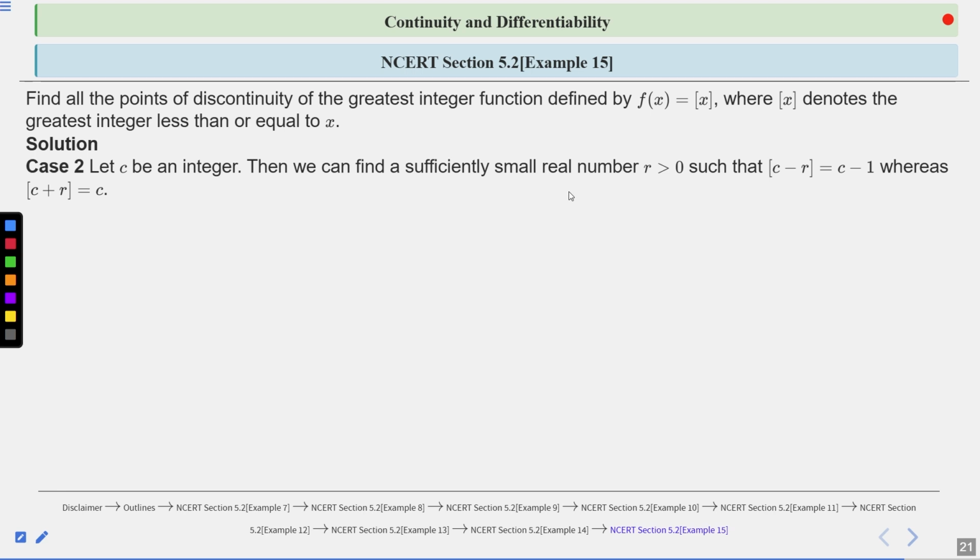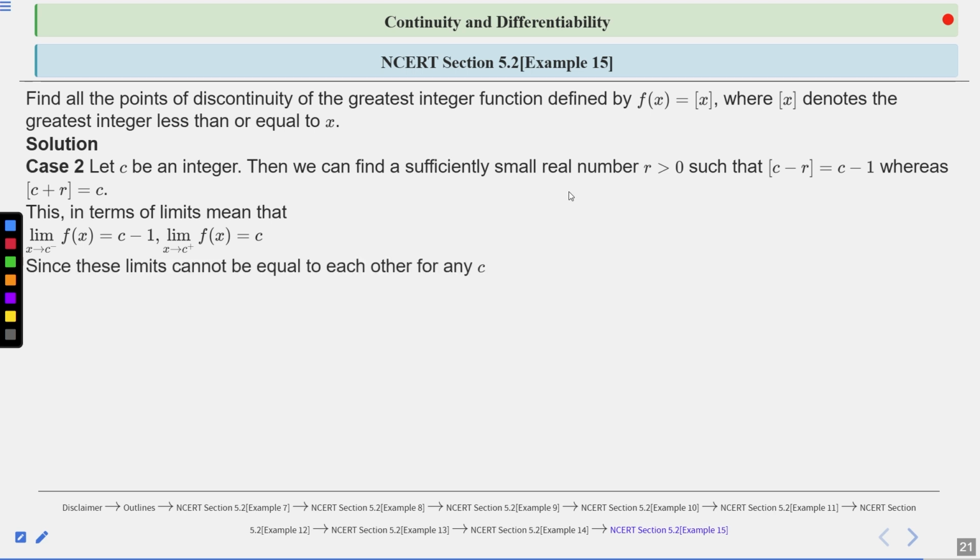In terms of limits, this means that the limit as x approaches c from the left of f(x) is c - 1, and the limit as x approaches c from the right of f(x) is c. Since these limits cannot be equal for any c, the function is discontinuous at every integral point.